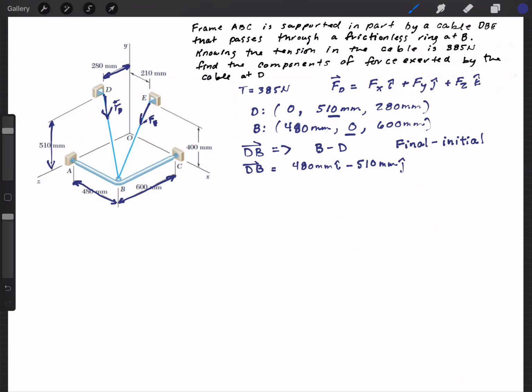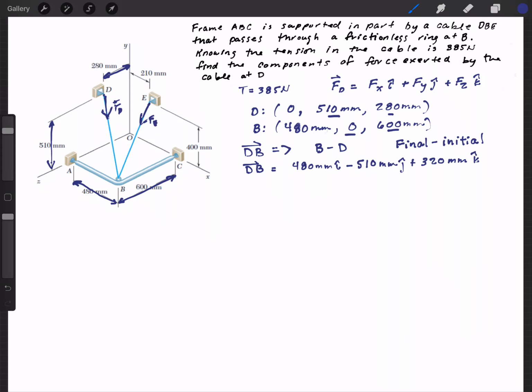For the Z component, we have 600 minus 280, which gives positive 320 millimeters in the K direction. So there's our vector DB, the vector starting at point D and headed towards point B.